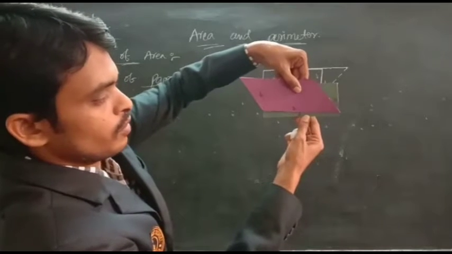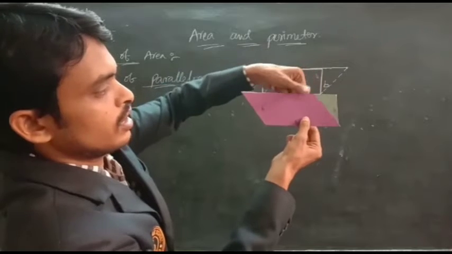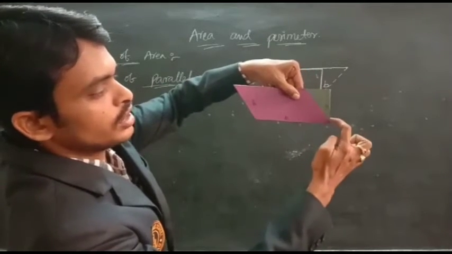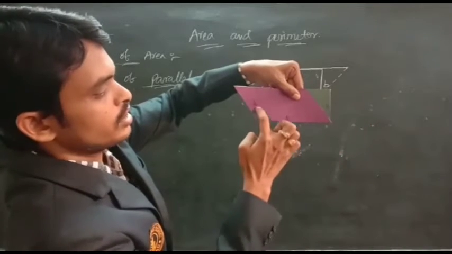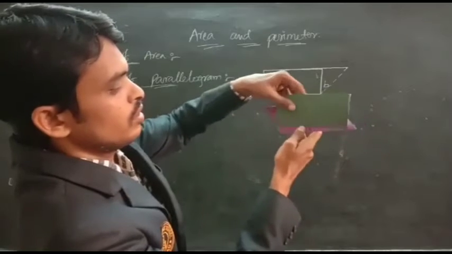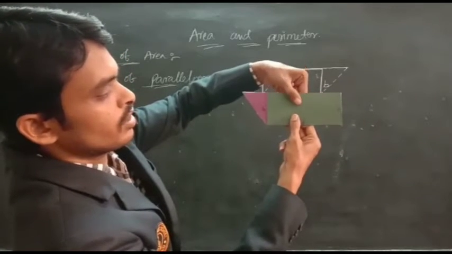Now keep like this. And here this is the breadth. See, this is the breadth. Now like this, keep rectangle as a rectangle.